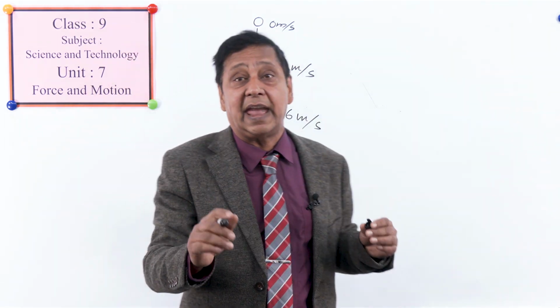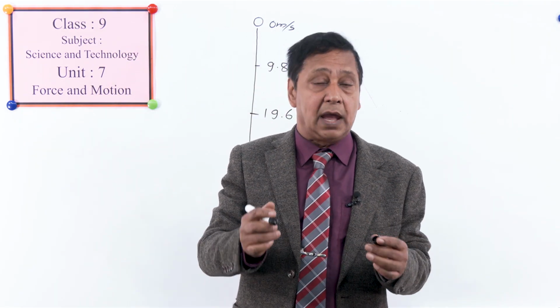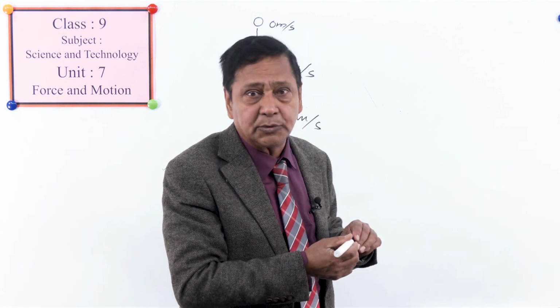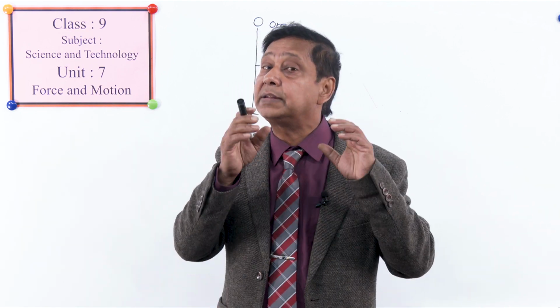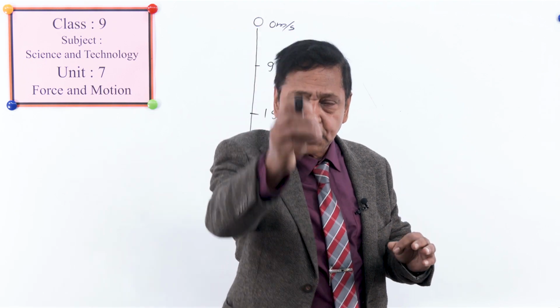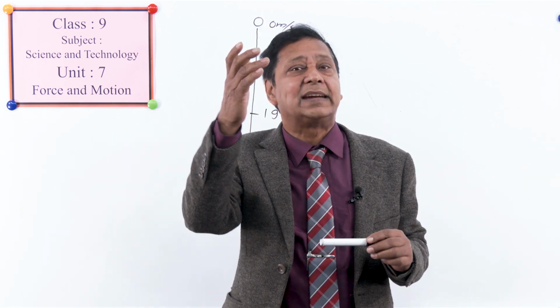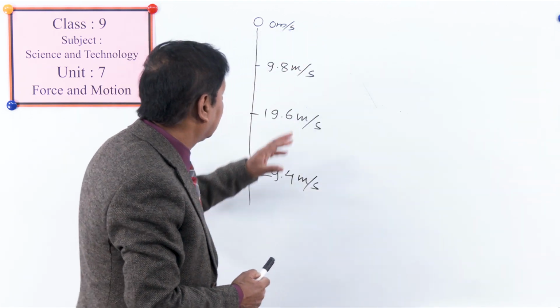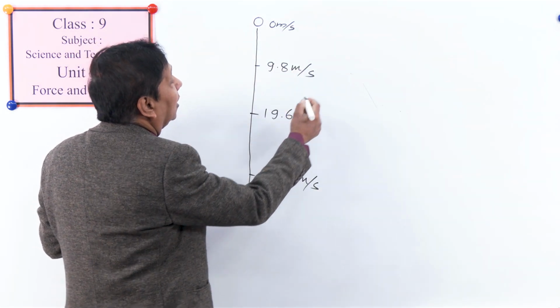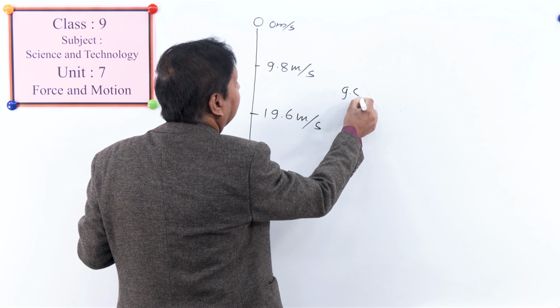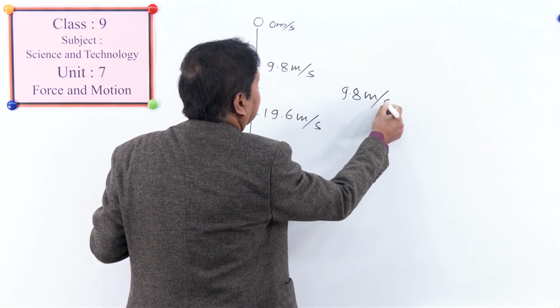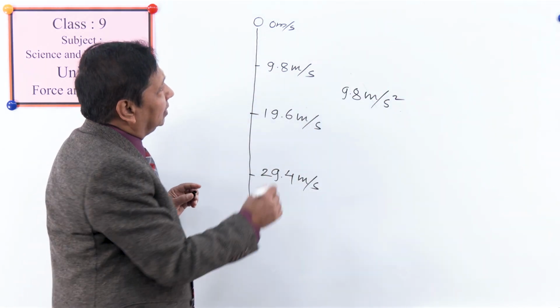I am not writing any number haphazardly. Actually, this is the observation of the scientists. Scientists observed the motion of the falling body in different places of the earth, and they declared that the acceleration produced on a freely falling body is 9.8 meter per second square. Look at this.